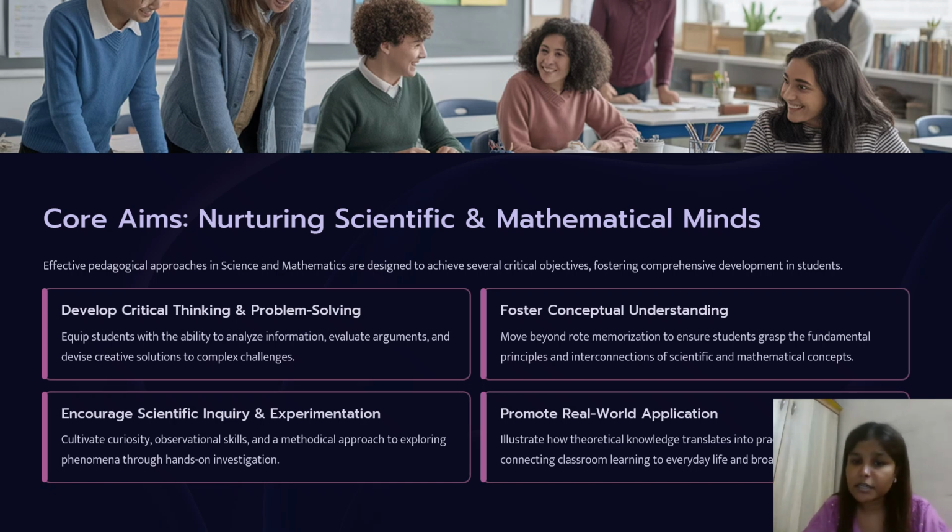The third one is to encourage scientific inquiry and experimentation, where the learners learn to ask questions, observe, hypothesize, experiment, and draw conclusions. The last one is to promote real life and real world applications, wherein knowledge is linked to daily life experiences, helping the students to see the practical use of what they learn. So these aims ensure that the learning becomes active, meaningful, and lifelong.